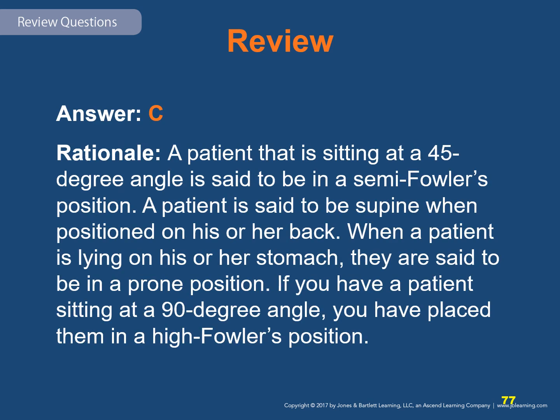The answer is C. A patient that is sitting at a 45-degree angle is said to be in a semi-Fowler's position. A patient is supine when they're on their back. When a patient is lying on their stomach, they're in a prone position. If you have a patient sitting straight up at a 90-degree angle, then you have them in a high Fowler's position.